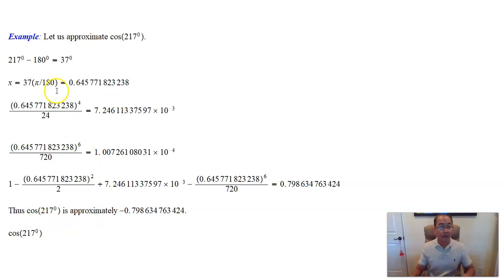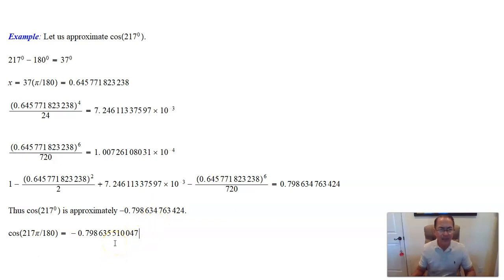If you want to compare this to what your calculator would say, you go ahead and plug that in. We want 217 pi over 180, because Maple will not recognize that symbol. And we get approximately, there you go, 0.79863... So the digits differ here, we get 47 here and 55.